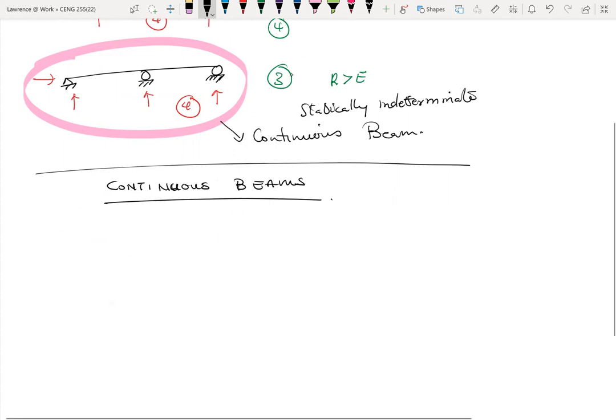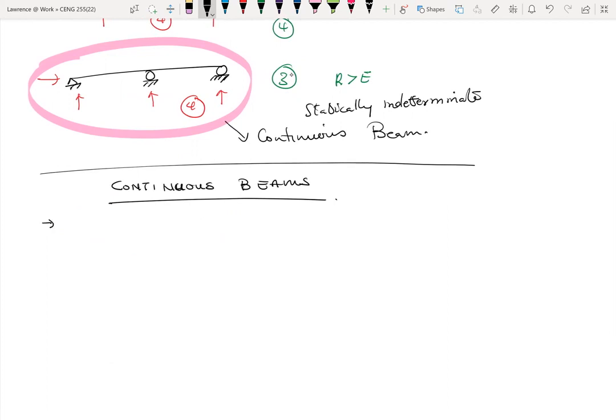We can define continuous beams as beams which are statically indeterminate. That's one way to look at it. Statically indeterminate beams are typically continuous beams. If your number of unknown reactions is more than the number of equations, then your beam is statically indeterminate.